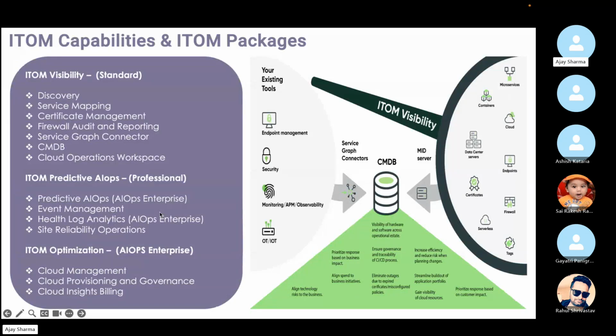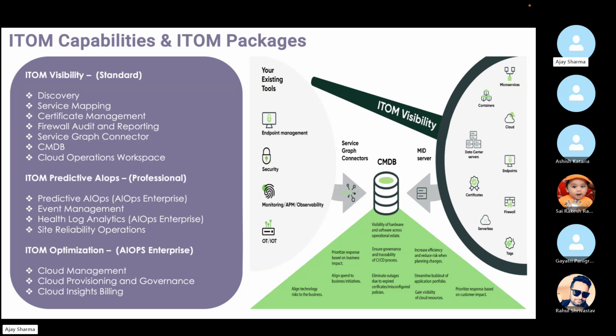So these are the capabilities and ITOM packages provided by ServiceNow. First is ITOM Visibility, which is the standard licensing provided by ServiceNow. When we purchase ITOM Visibility from ServiceNow, what are we getting?